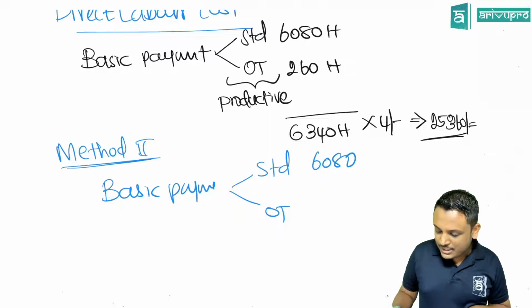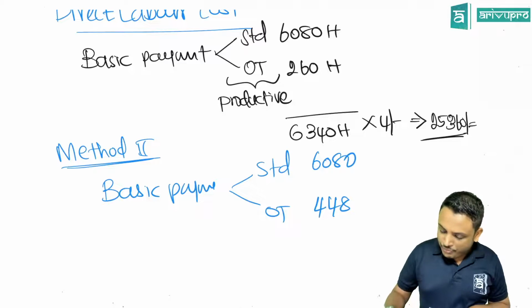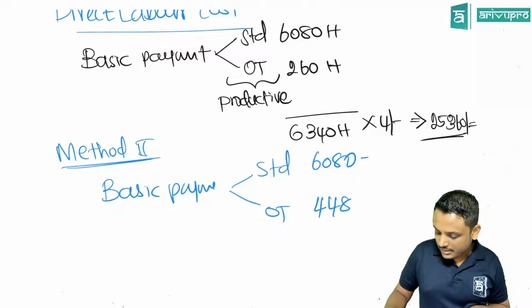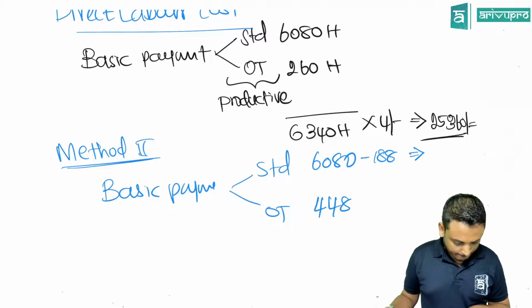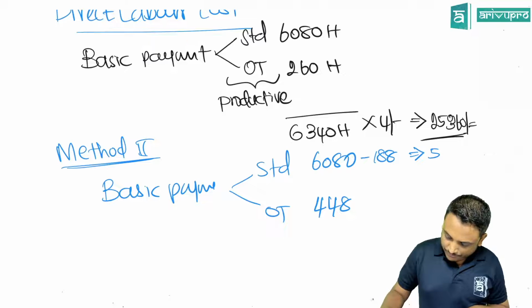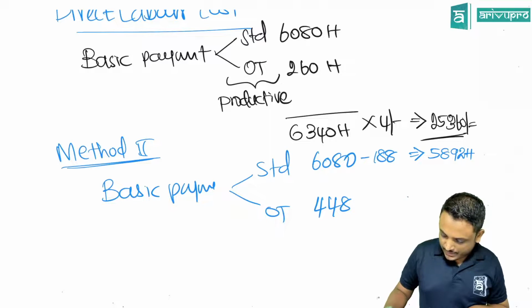Overtime total hours 448, from this you minus idle time of 188, which gives 260 hours.